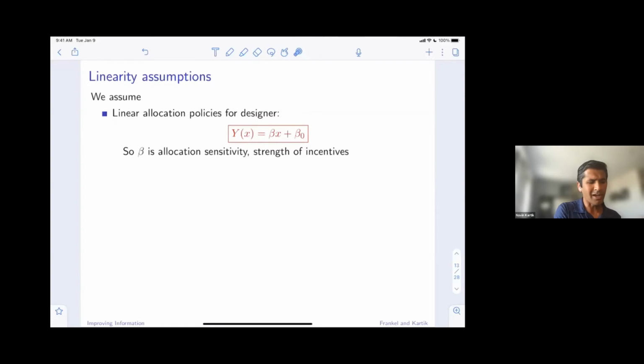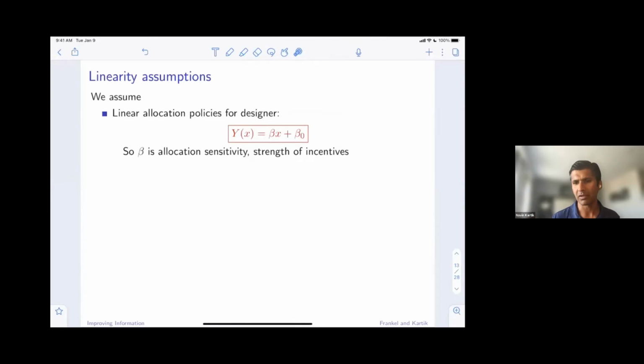The constant beta naught is really not going to play much of a role in what we do. So the key thing to focus on is essentially a one-parameter family of rules parameterized by beta, which is the sensitivity of the allocation to the data x.